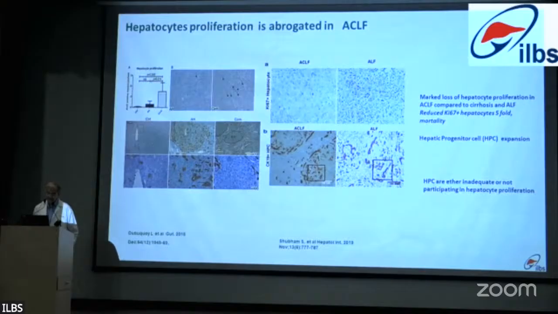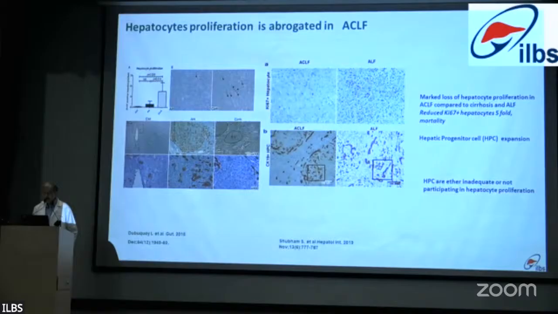In alcohol patients, this is alcoholic hepatitis. There is a significant reduction in the regeneration. So the failure of cholangiocytes to commit to hepatocytes occurs in alcoholic hepatitis. What Smriti showed is that in patients with ACLF, there is a lot of engagement of progenitor cells.